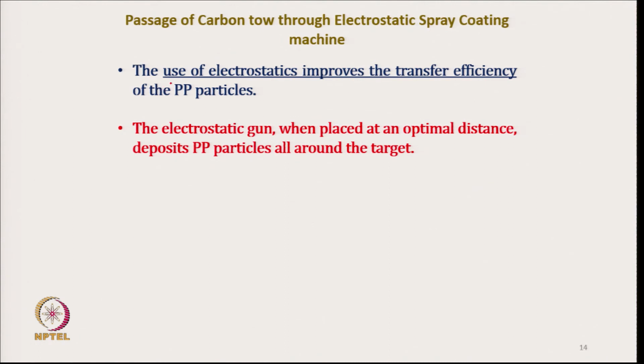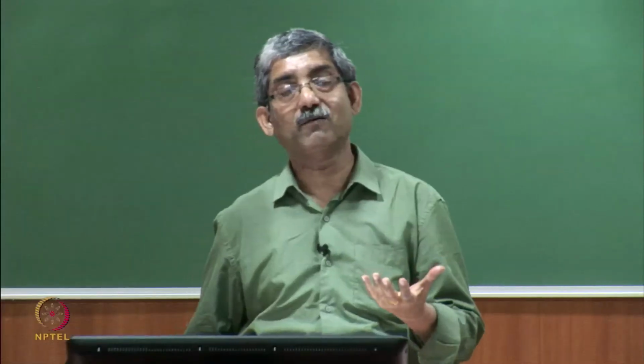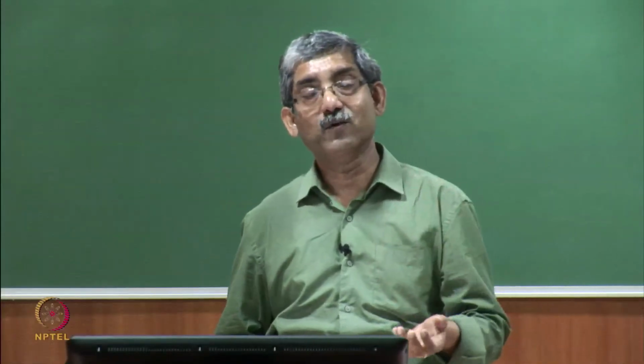The use of electrostatics improves the transfer efficiency of PP particles, which is important. Without the electrostatic charge, the spray gun will throw the particles, but as there is no charge, the adherence on the carbon tow, the efficiency of the adherence will be low.